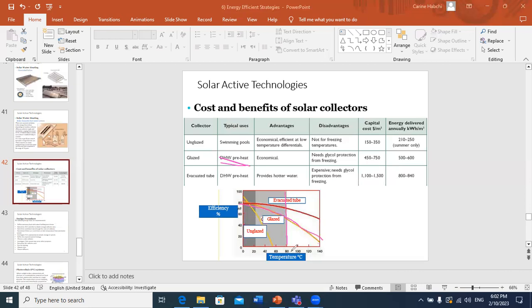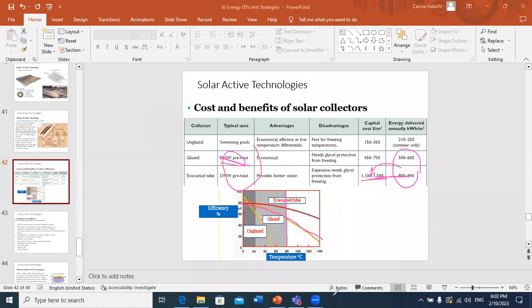So it's fine. The glazed and evacuated tube both are fine for domestic hot water application. What will decide which one to use, as we discussed, is the energy consumption, and if it's worth to invest in evacuated tube or not, because here we have a much larger initial investment.